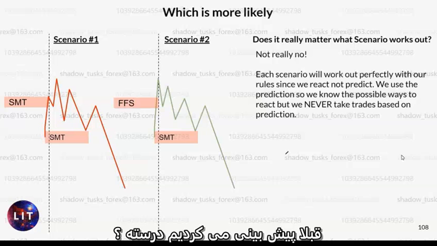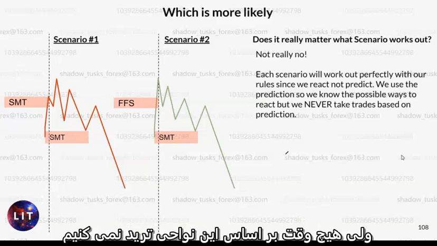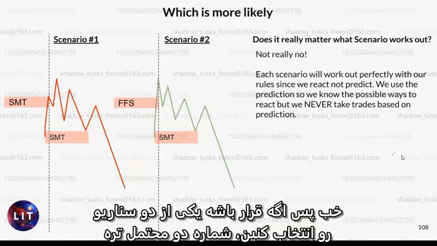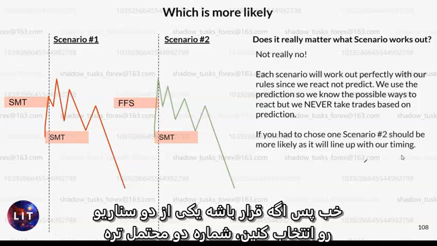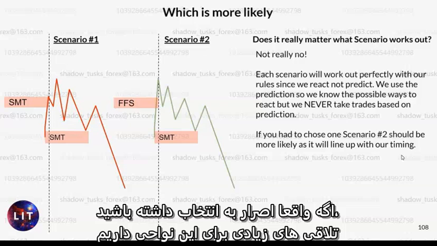We used to predict, right? Obviously prediction, so we know the possible ways to react, but never take trades based on these areas anyways. If you had to choose one of scenarios 1 or 2, you will obviously line up with timing if you really want to choose something.